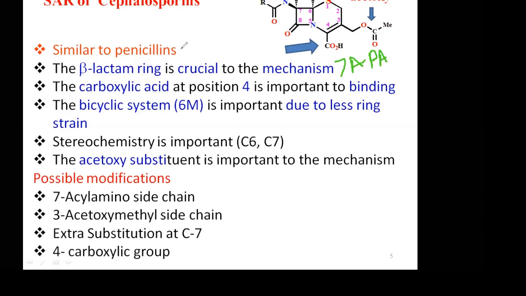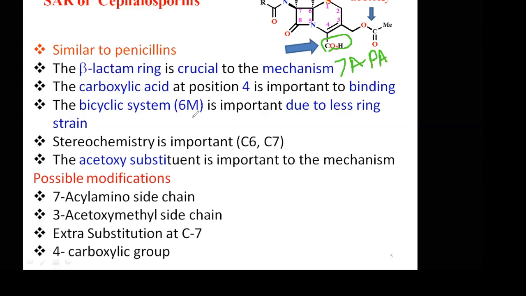The beta lactam ring is crucial to the mechanism of action. The carboxylic group at the 4th position is important for binding to the peptidoglycan layer, the penicillin binding proteins. Very important carboxylic group.